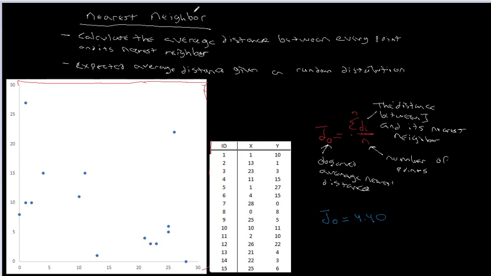So what would the average distance of a random distribution look like?